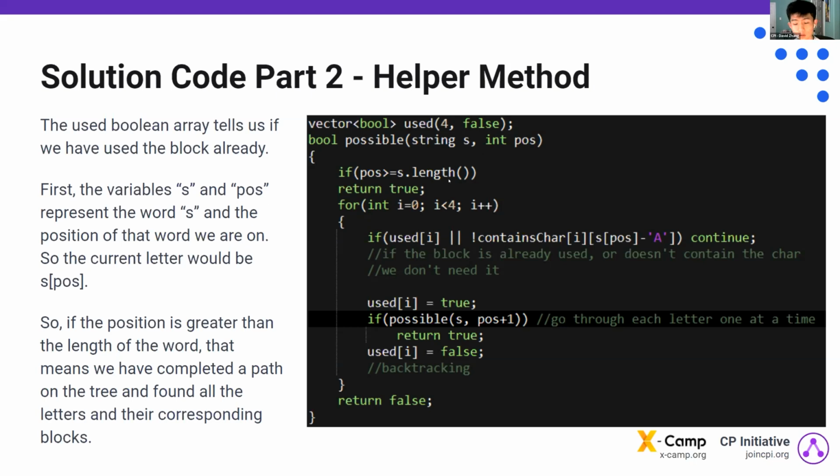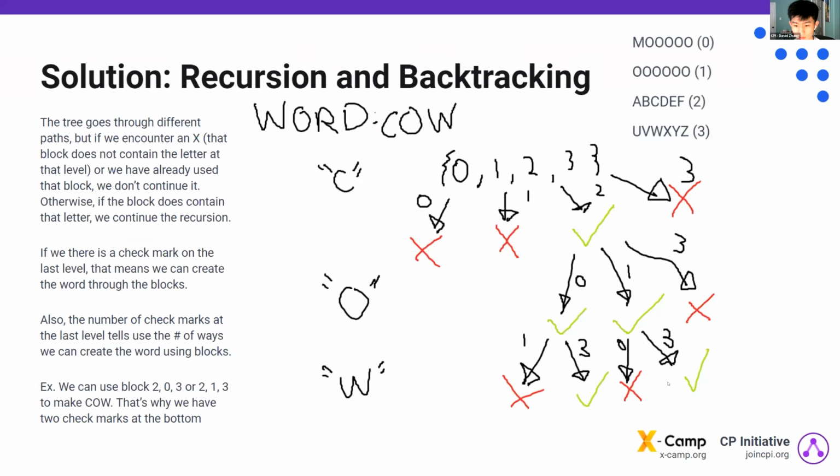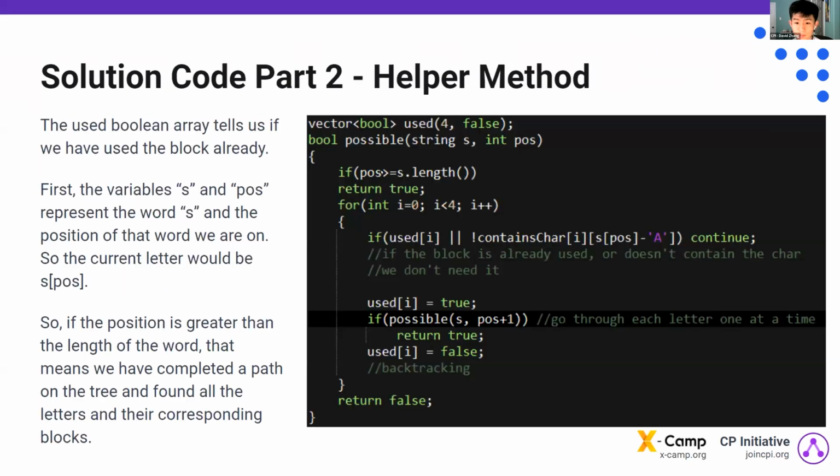Also, a pretty important fact is, just like I said at the very end, if we reach the bottom of the tree and there's a check mark, that means it's possible. So here, if the position in the string is greater than its length, we return true because we have reached the bottom of the tree.